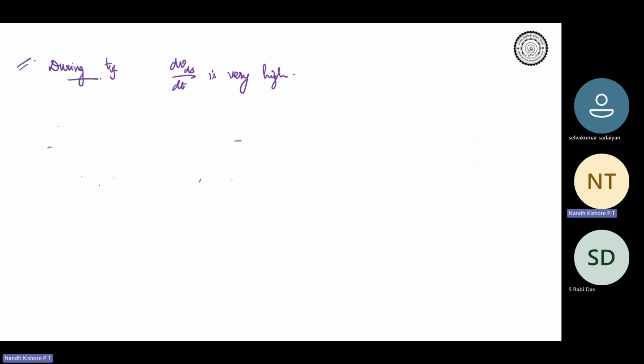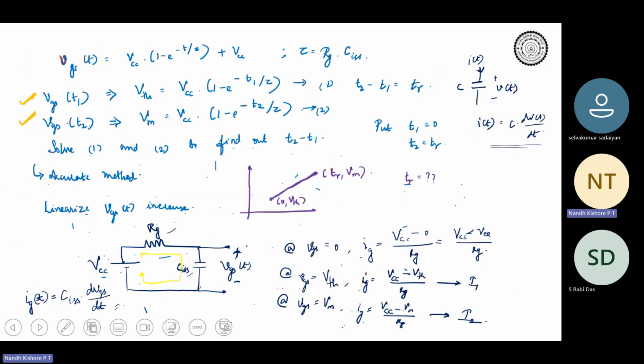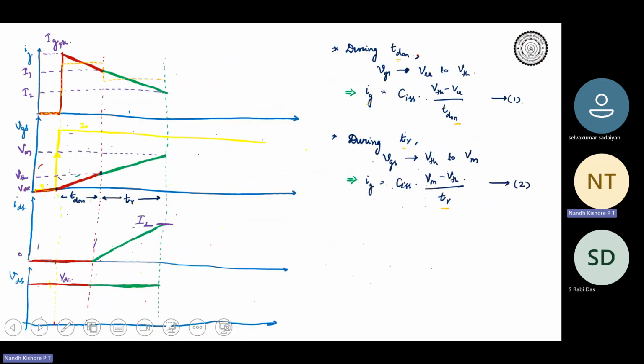And you imagine, when voltage fall time is starting at this interval 2, at the end of rise time, what is the state at the end of rise time, when voltage fall starts? This is a point.